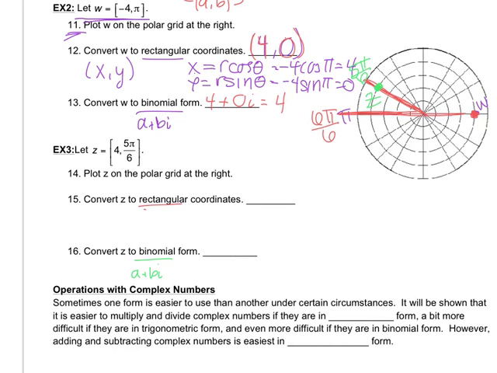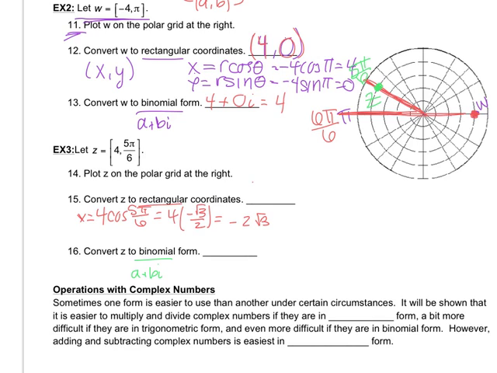So to convert to rectangular, again, the same relationship that we've been using for a few weeks, x equals r cosine theta, so 4 cosine 5 pi over 6, which is 4 times the cosine of 5 pi over 6, which is negative root 3 over 2, which we can reduce to negative 2 root 3.